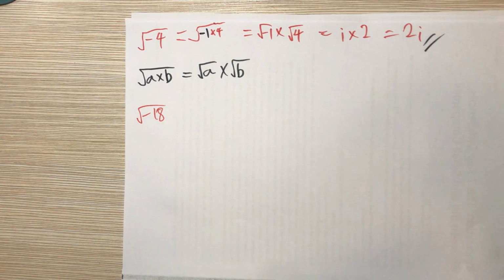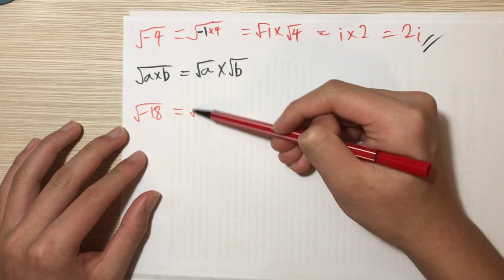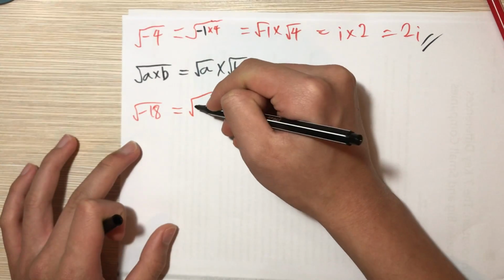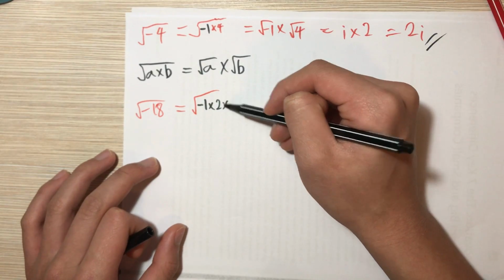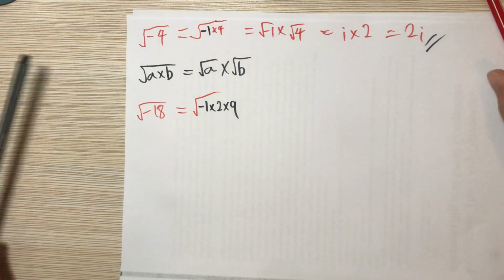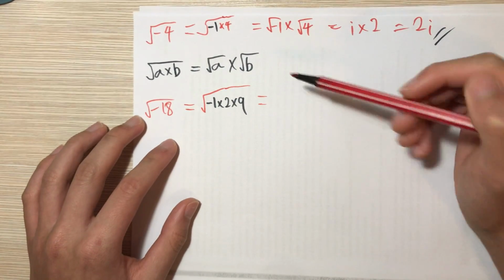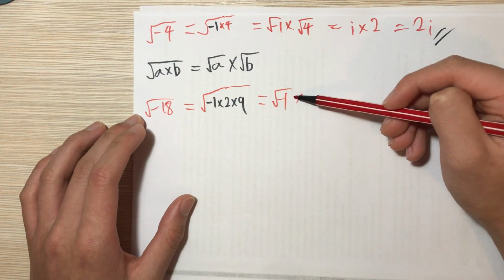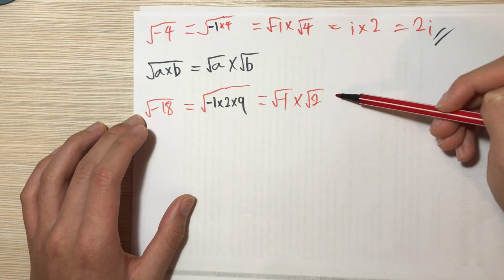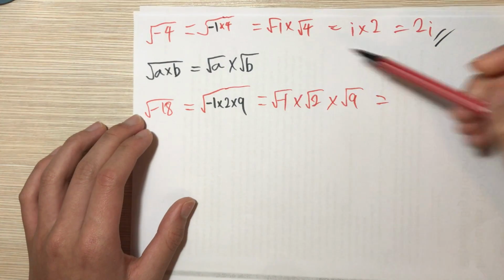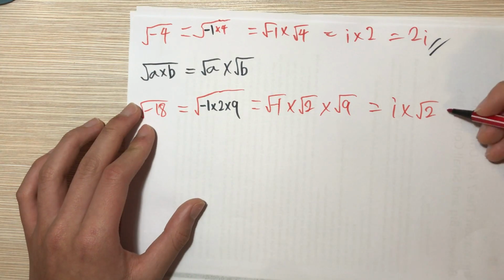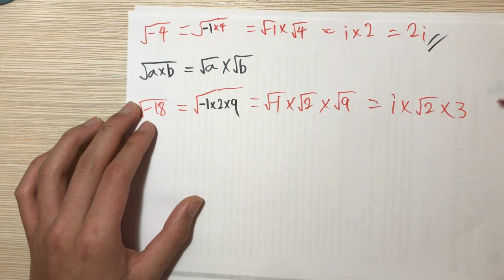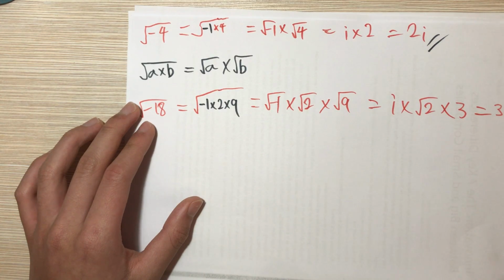Okay, 9 is the answer, because we can just write this as negative 1 multiplied by 2 multiplied by 9, so that we can separate them into square root of negative 1 multiplied by this and by this, and this is just i multiplied by square root of 2, which is the simplest surd form, and then multiplied by 3, so that our answer is 3 square root of 2 i.